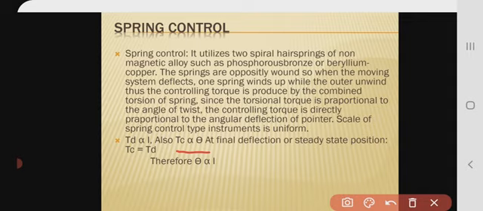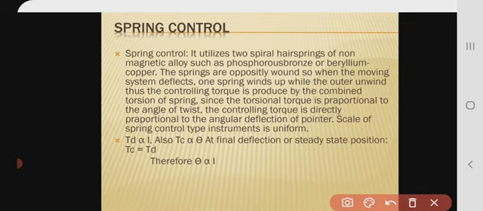The pointer will come to rest when the controlling torque is equal to the deflecting torque, that is, Tc equals Td.